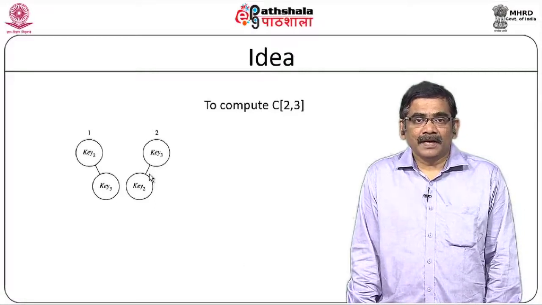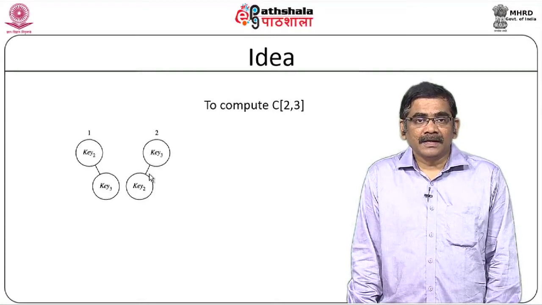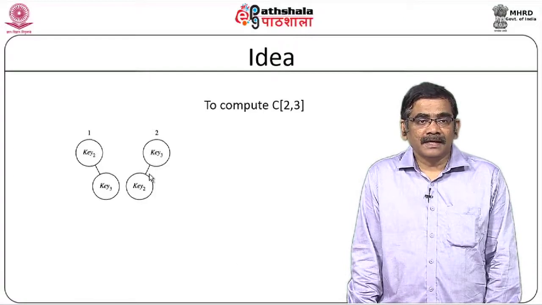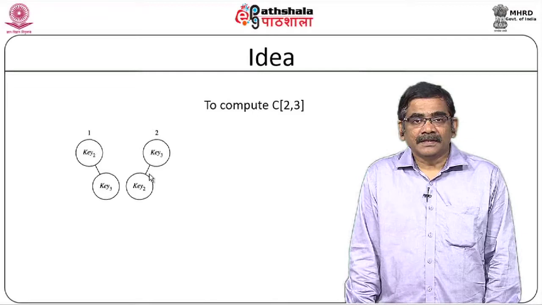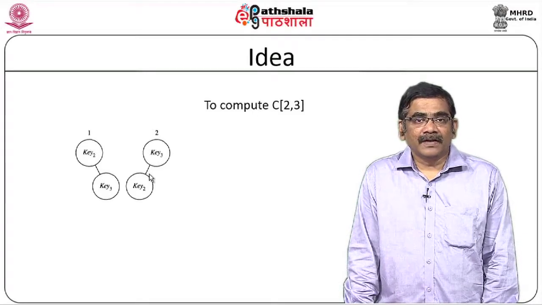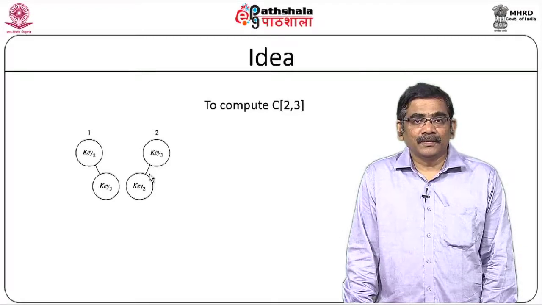Now we have to establish the cost, take the minimum cost, and enter that as the value for C of 2 comma 3. In other words, C of 2 comma 3 contains the minimum over all the possibilities of construction involving keys 2 and 3.